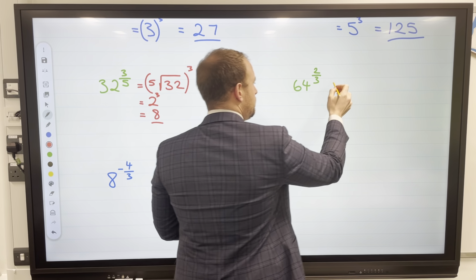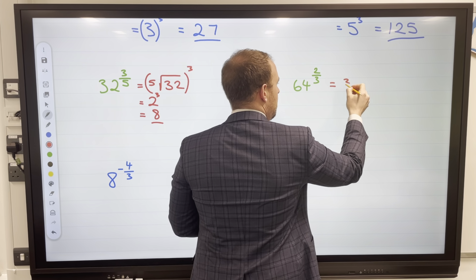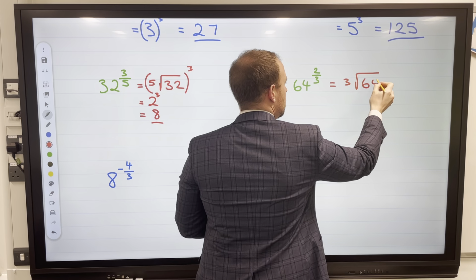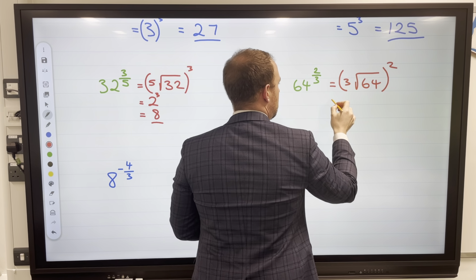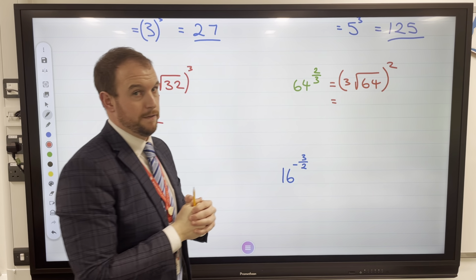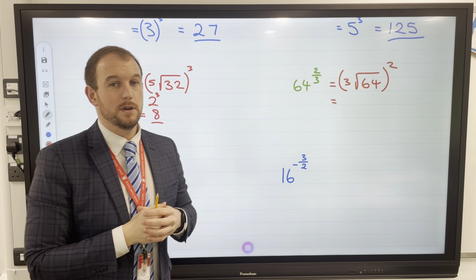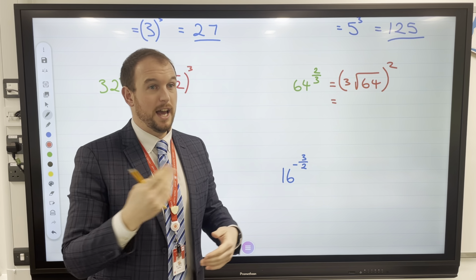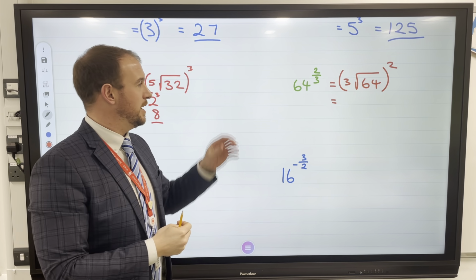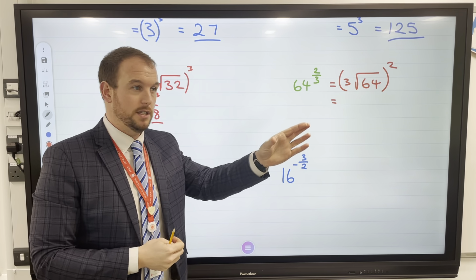Over here, the 3 means cubed root, and to the power of 2. Now I know when you see 64, you're automatically thinking 8 because you've been taught from a very young age, 8 times 8 is 64. So that 64 sticks in your mind for that reason.